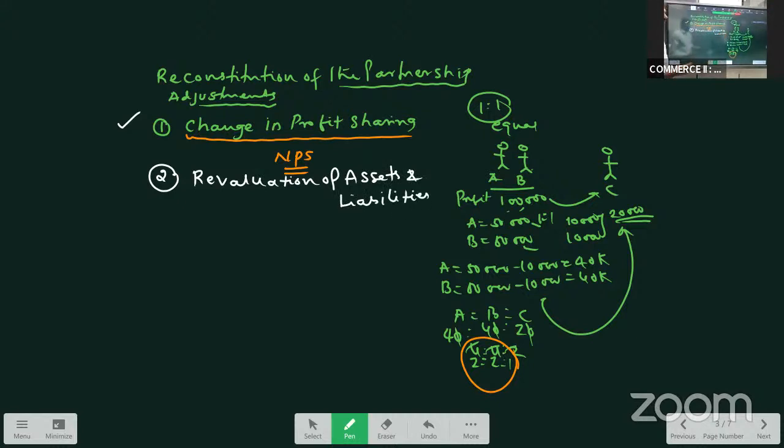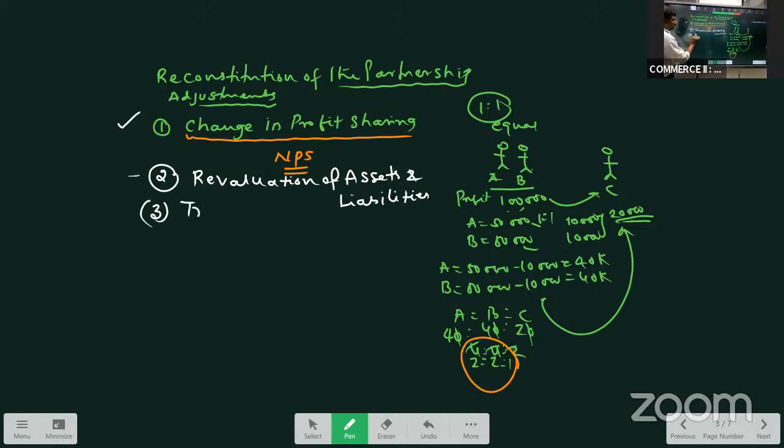In the further classes, you'll get to know more about this when we are solving problems. You'll be learning so many things about revaluation of assets and liabilities. Okay, so step 1 is done. Step 2 is done. Now let us see what is step 3.